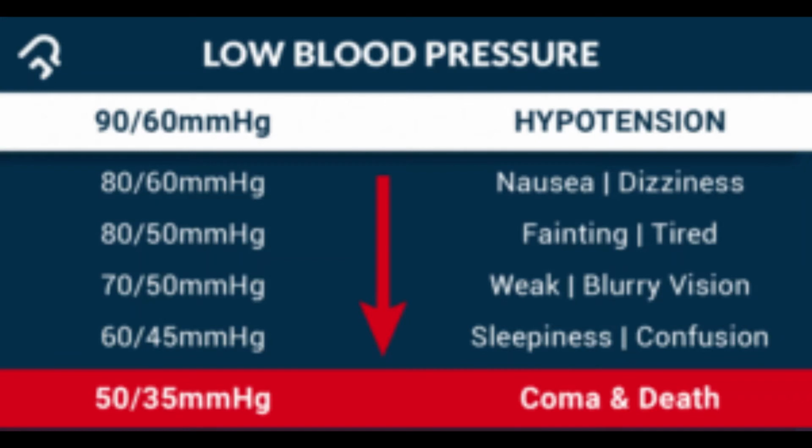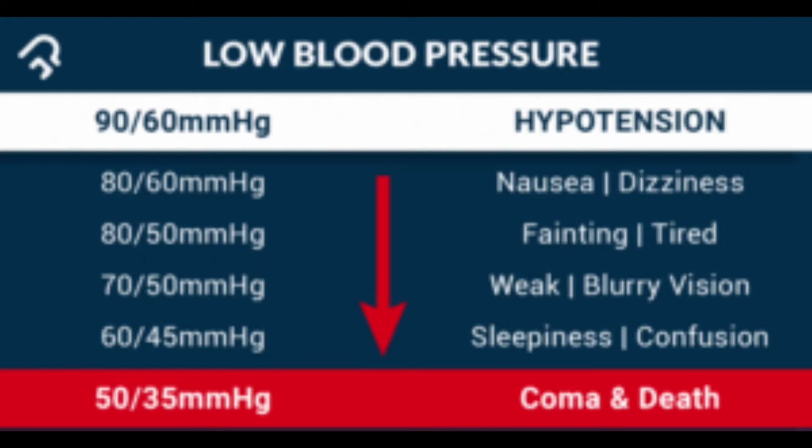And this topic is about low blood pressure. Hypotension is the medical term for low blood pressure, that is less than 90 per 60 mmHg. Blood pressure is measured using two numbers.